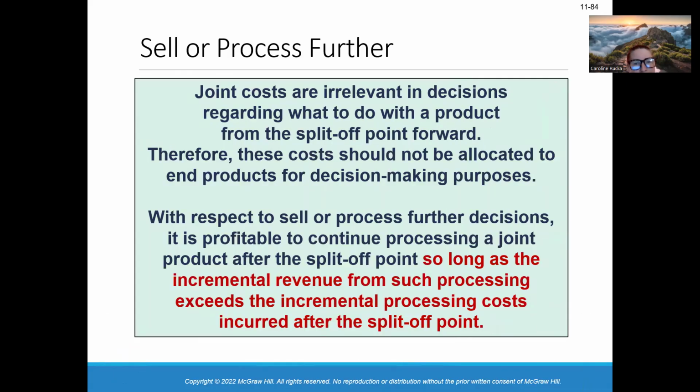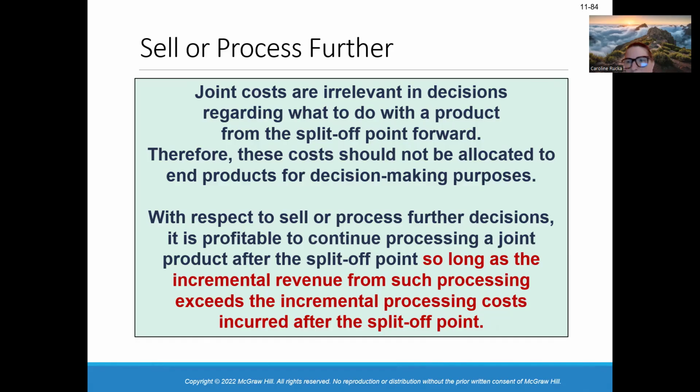So remember that the joint costs are going to be irrelevant. We'll have those no matter what. So we're only looking at, from the split off point forward, what additional costs we are incurring. Those joint costs should not be allocated to end products for decision-making purposes.